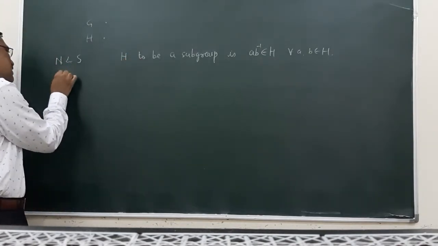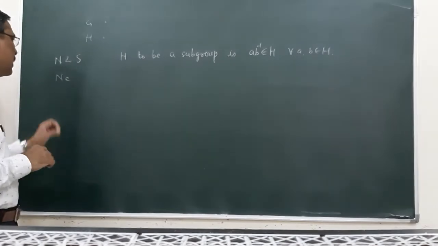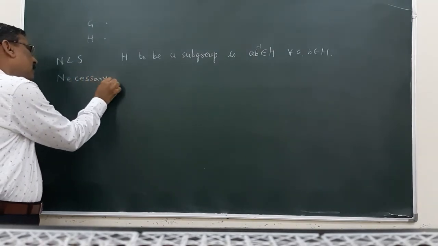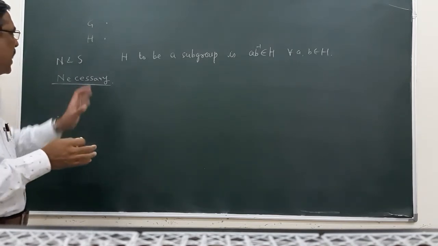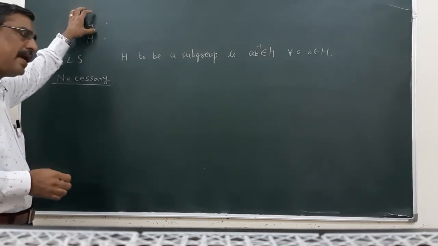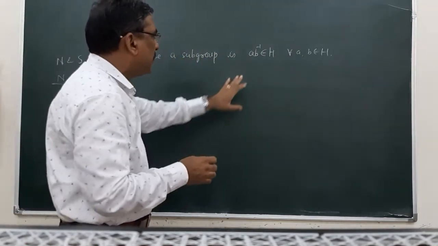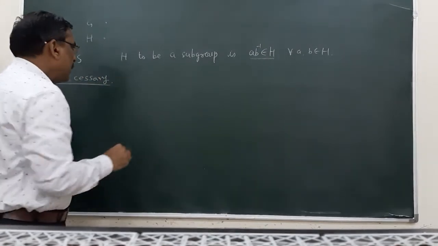Now, what is necessary? As I earlier discussed about the necessary and sufficient condition, the necessary condition means H is a subgroup of group G. And if H is a subgroup, then this automatically holds good. How?